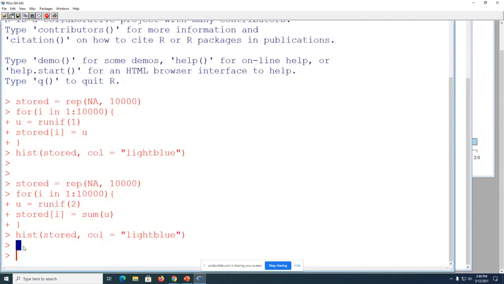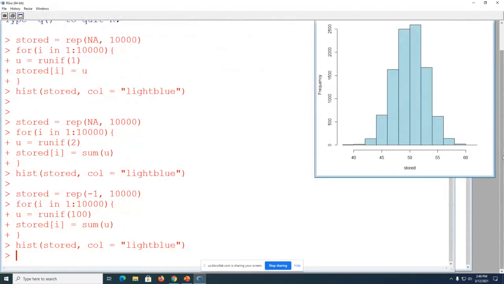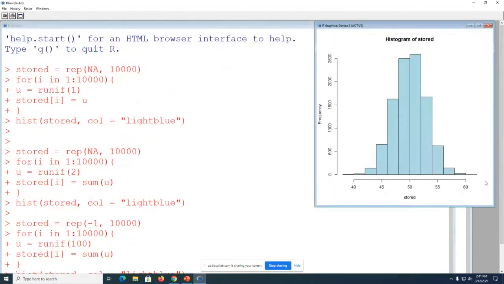All right, let's try it. And here we are. So we're again seeing that values in the middle, so near 50, because we added 100 values between 0 and 1, so like 0.5 times 100, are more likely, but now instead of sort of a triangular shape, we have more of a curved shape.